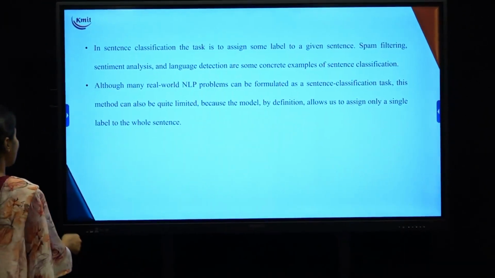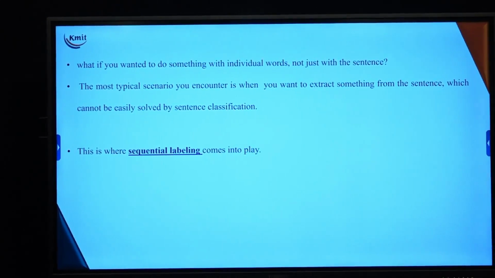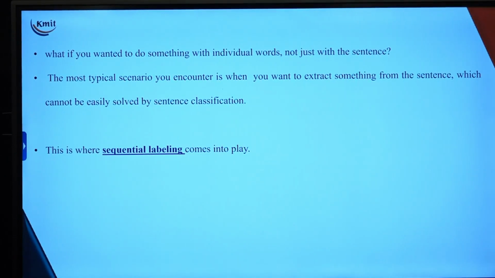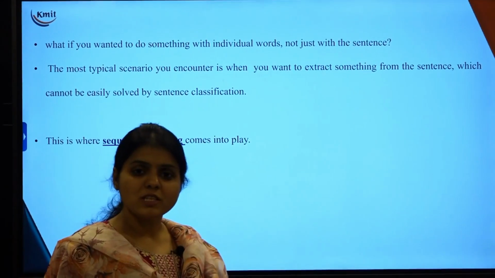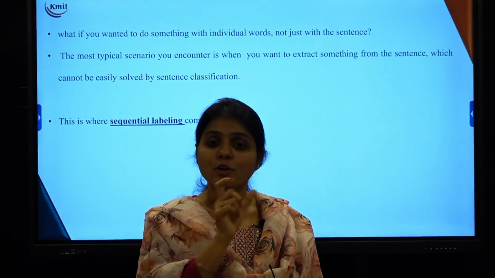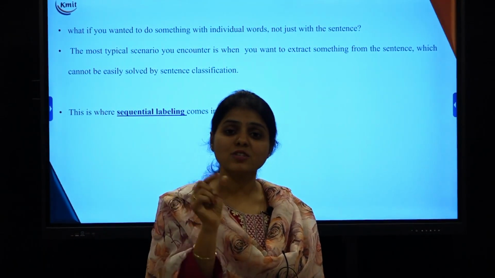Now the first thing that comes into the picture: what if I want to assign meaning to individual words but not the entire sentence? When I talk about sentence classification, the entire sentence is given some label, but here I want some words in the sentence to be labeled.